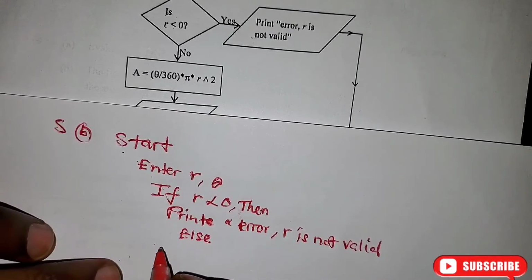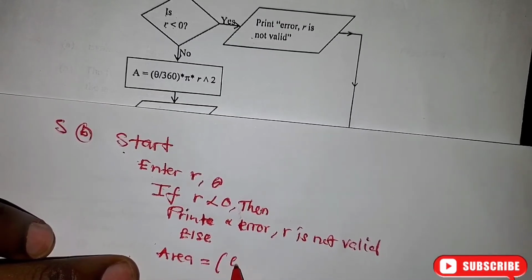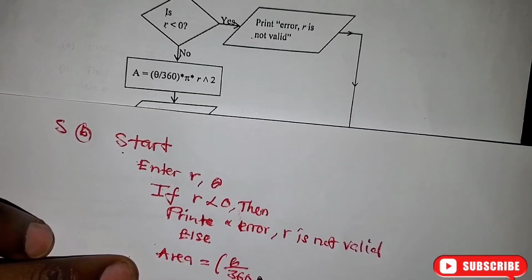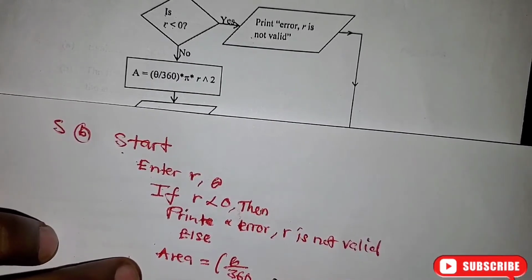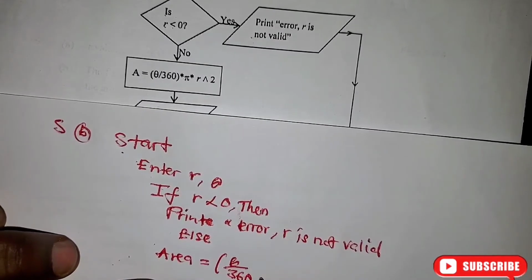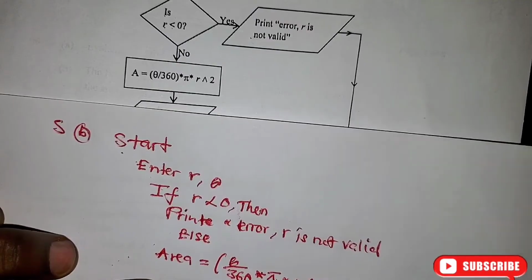Else area is equal to theta over 360 multiplied by pi multiplied by, using a star, r squared.